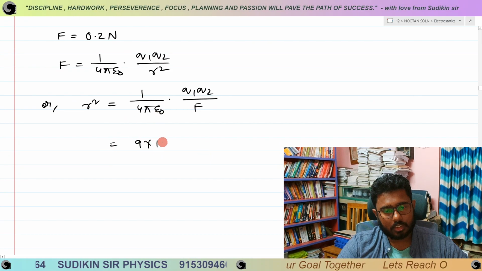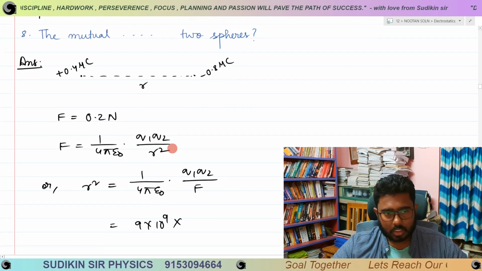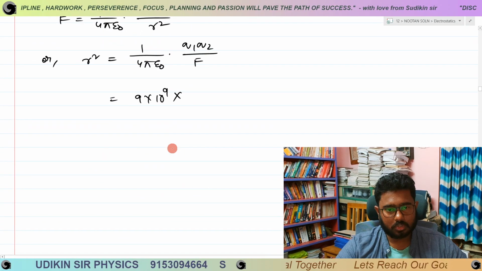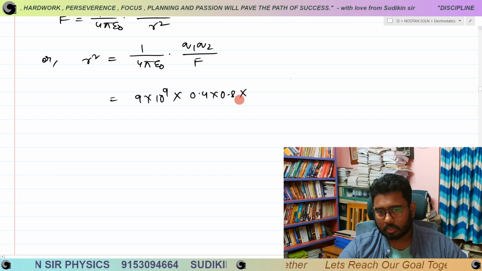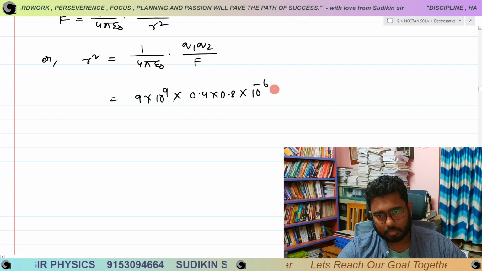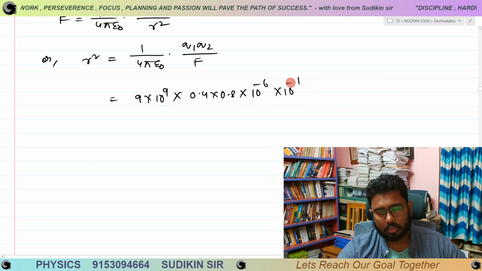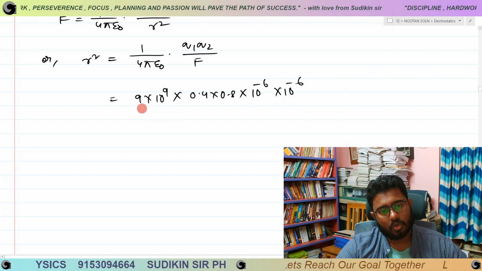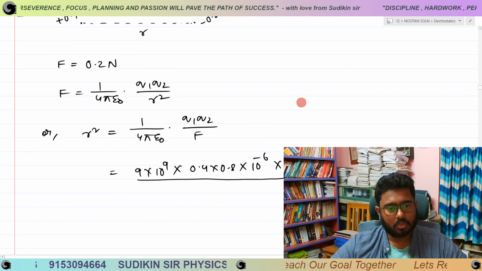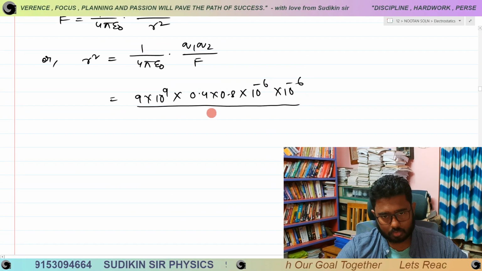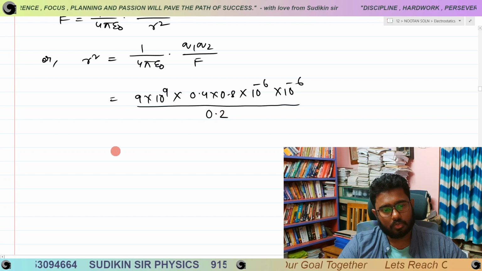So that is 9 times 10 to the power 9. q1 and q2 are 0.4 and 0.8, so that is 0.4 into 0.8. Both of them are microcoulomb, so that will be 10 to the power minus 6 into 10 to the power minus 6 whole divided by the force. The force is 0.2 Newton, that is by 0.2.